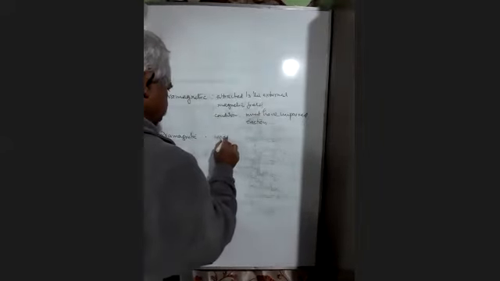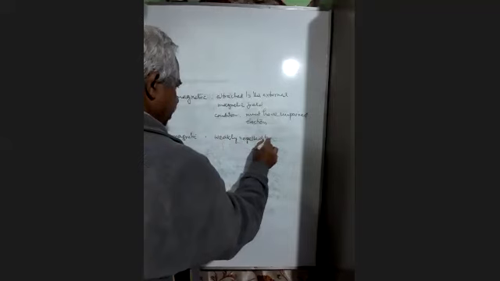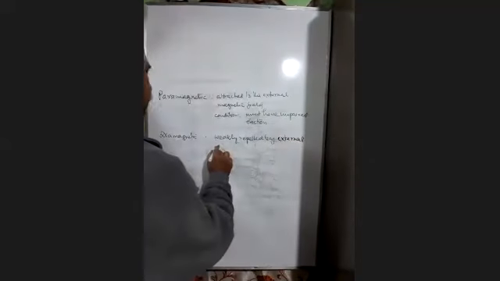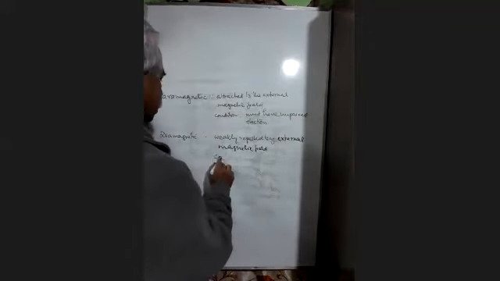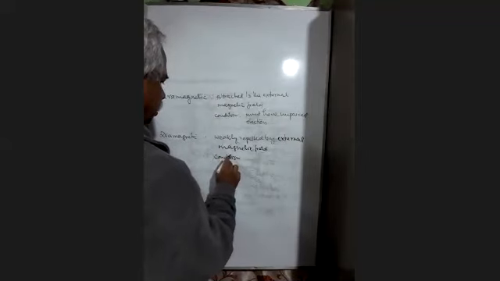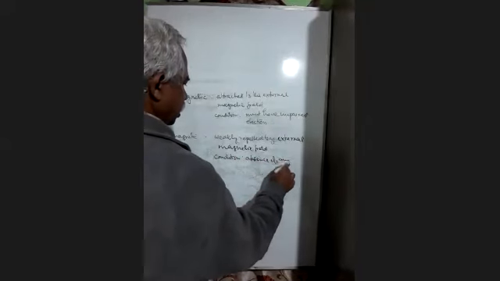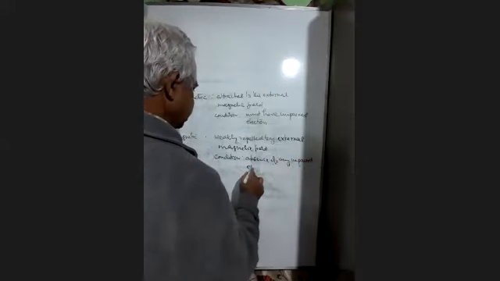Diamagnetic means weakly repelled by the external magnetic field. What is the condition? Absence of any unpaired electrons. They are all paired.